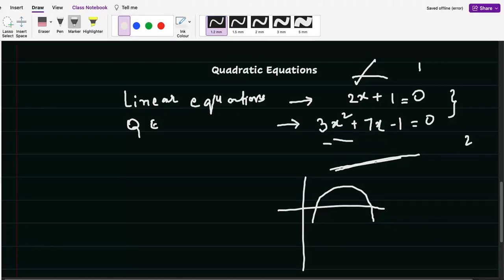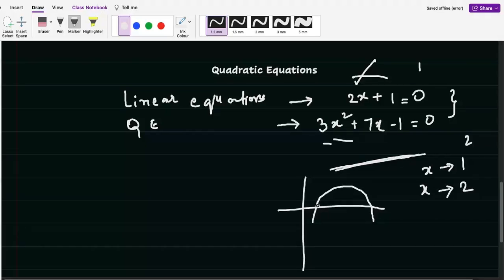Got it? So whenever a linear equation is there and you solve it for x, you will get only one value of x, that is one answer, whereas whenever you are solving for the value of x in quadratic equations, you will get two values. Why two values?